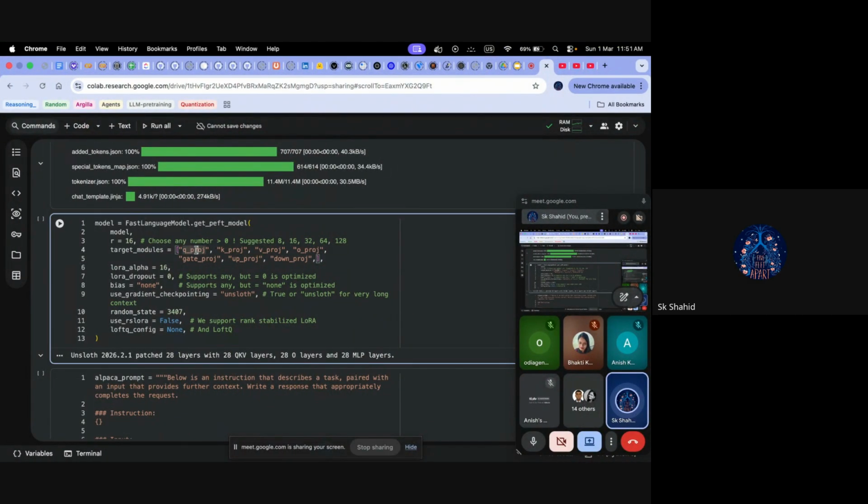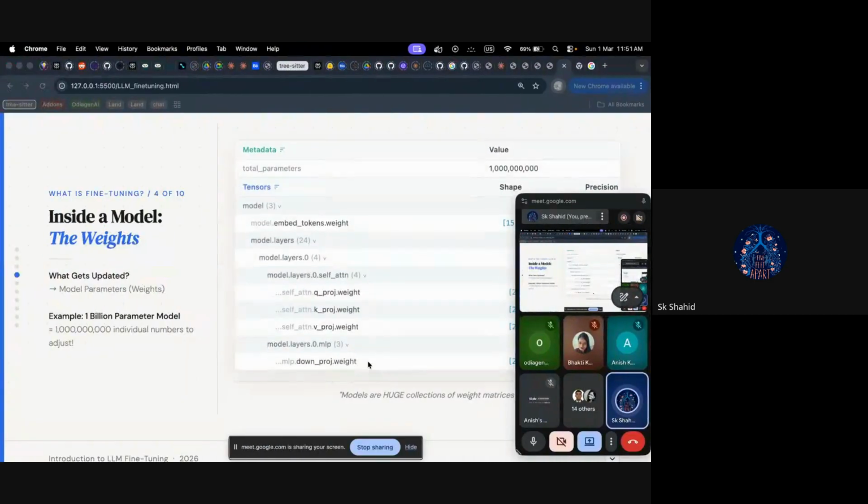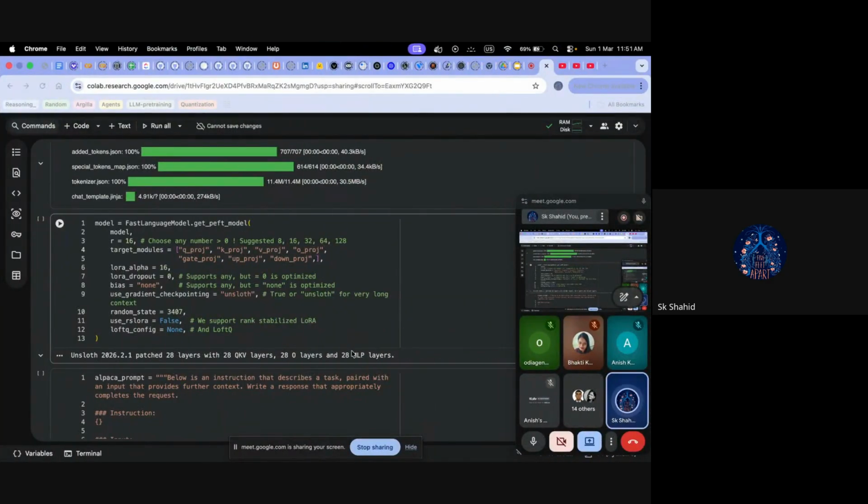So we are saying, you go and find the delta weights. How should these parameters or this layer change? What will be the delta change for these layers only? I'm giving them the target modules, which matrices to target. Q, K, V, and gate proj, up proj, and down proj are MLP layers, our neural network layers.